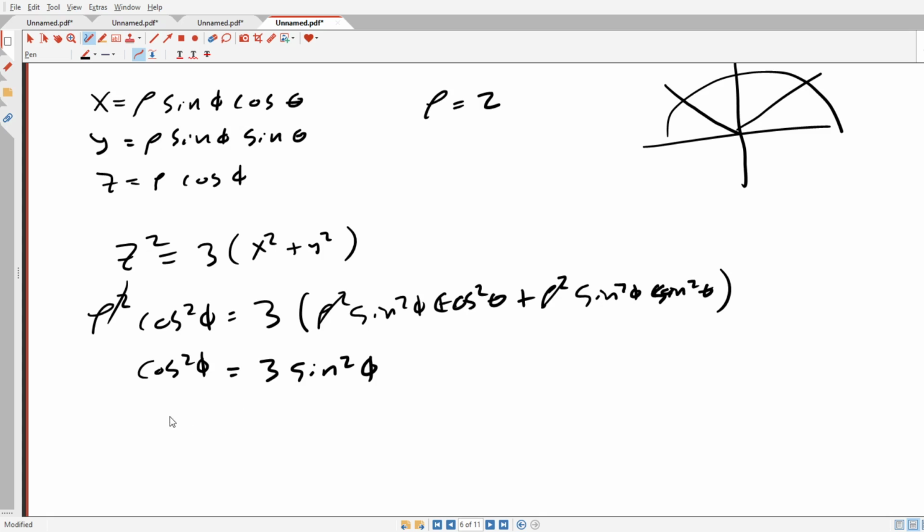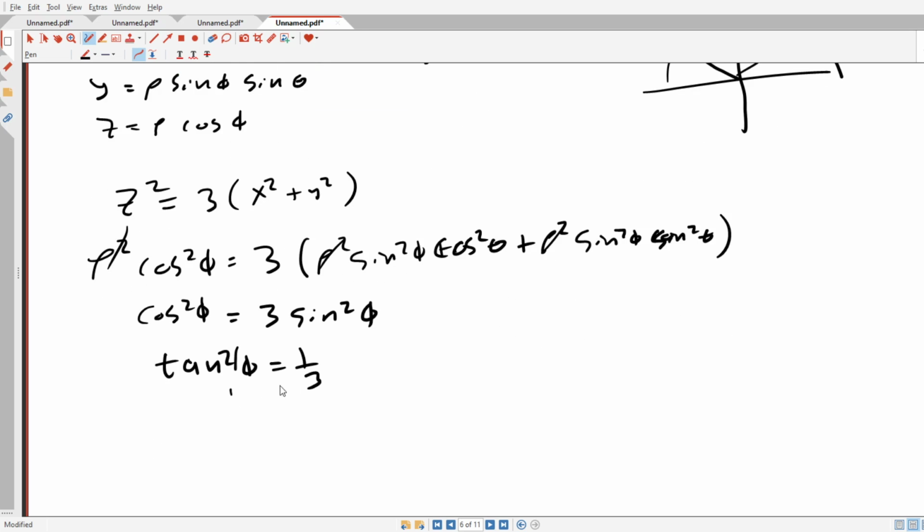In other words, tangent squared phi is equal to 1 over 3, or tangent phi is equal to 1 over root 3, which tells us that phi equals pi over 6, like we saw earlier.